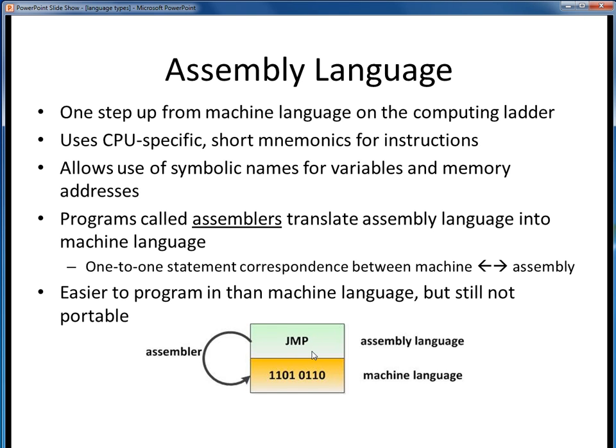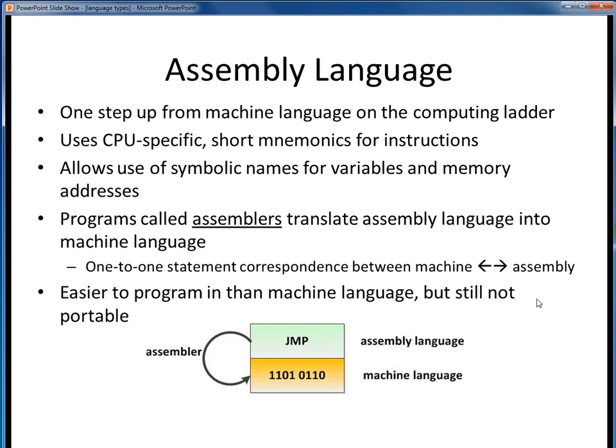Still a little cryptic, sure, but still much preferable to raw ones and zeros. Again, there's a direct correspondence between these two, and assemblers translate the JMP into the equivalent ones and zeros.